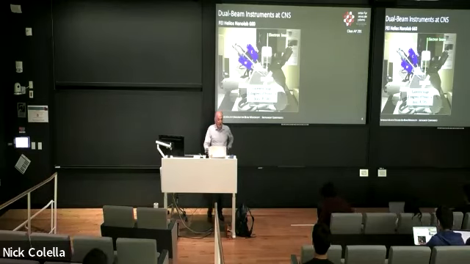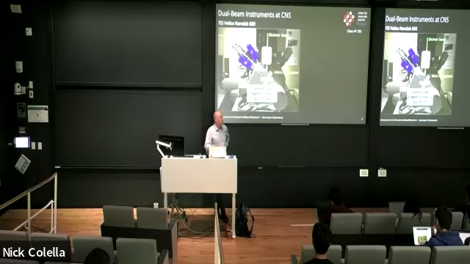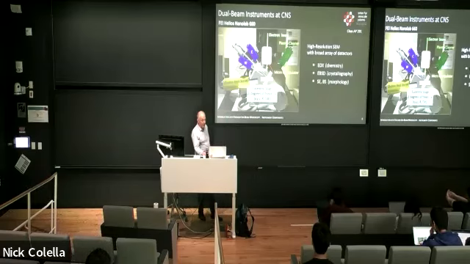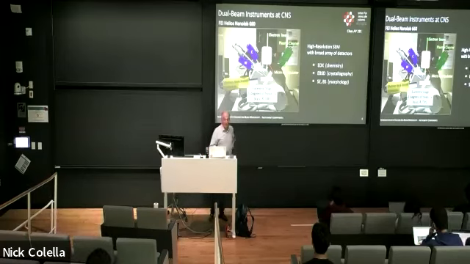As I mentioned before, we do have gas injection systems that allow us to deposit material in situ in the microscope, and you will see in a moment what we're using that for. This is the manipulator that I talked about, and we have a plasma cleaner that allows us to keep the system clean, and we have a whole range of analysis detectors, including EDS for chemistry, EBSD for crystallographic analysis.